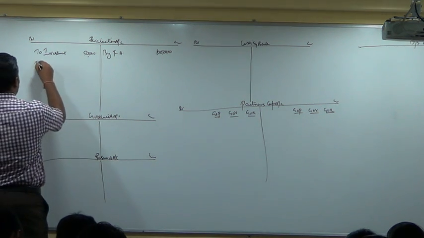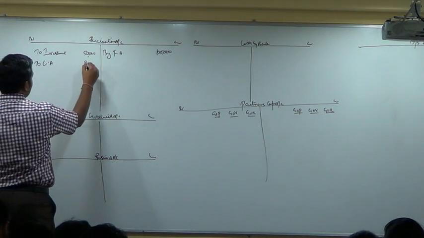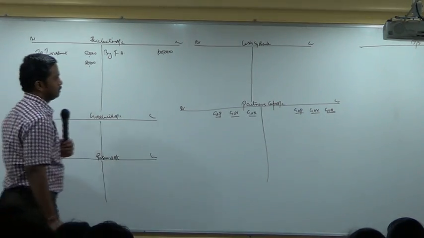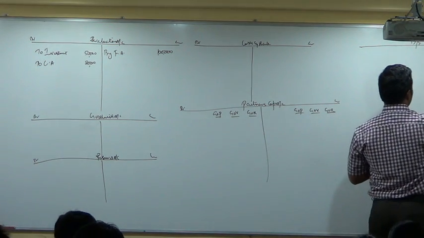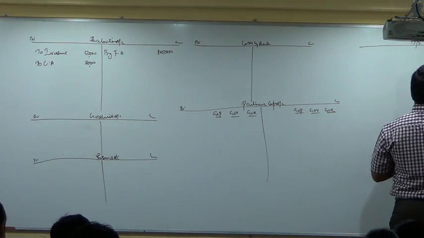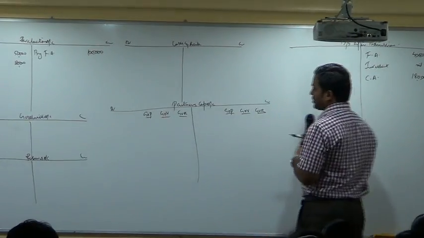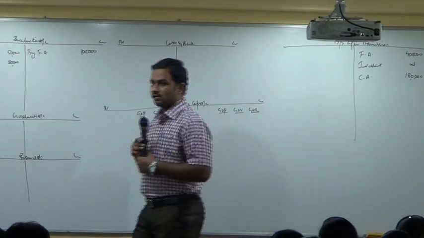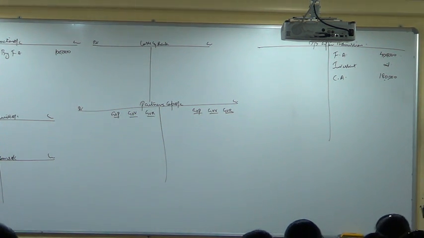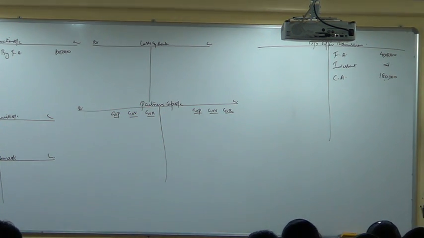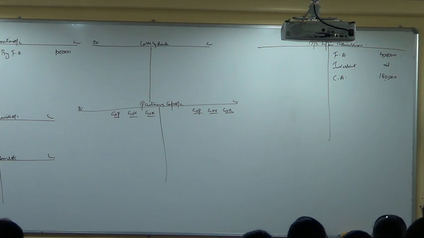Revaluation account at R2 current assets 20,000. 2 lakh minus 20,000 is 1,80,000. Revalued downwards. Loans and advances book value is 1 lakh. Revalued amount is also 1 lakh. Hence there is no revaluation profit or loss.